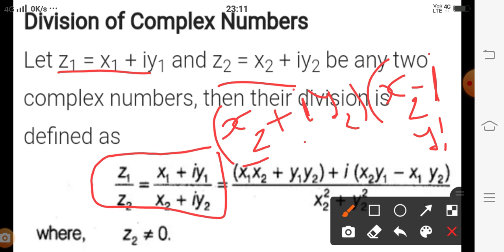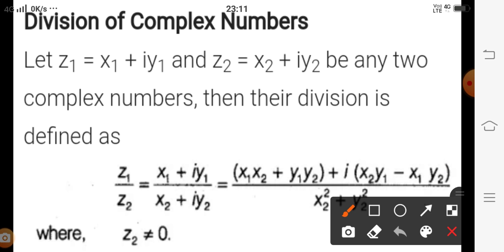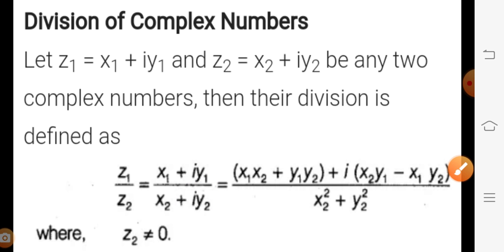Then we observe the identity (a plus b) into (a minus b), which is a square minus b square. But the square of i is minus 1, so the minus minus becomes plus, and in the denominator you observe x2 whole square plus y2 whole square.